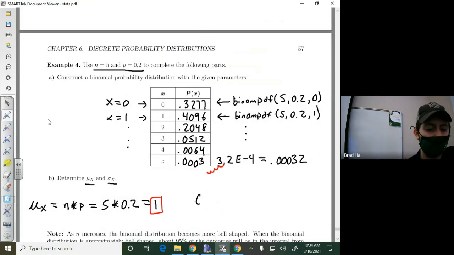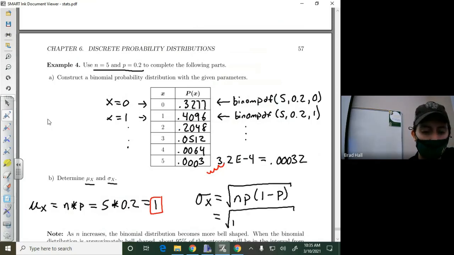The standard deviation, a little bit more intricate of a formula. So that's the square root of n, oops, I can put in actual numbers now. N is 5, p is 0.2, 1 minus 0.2.